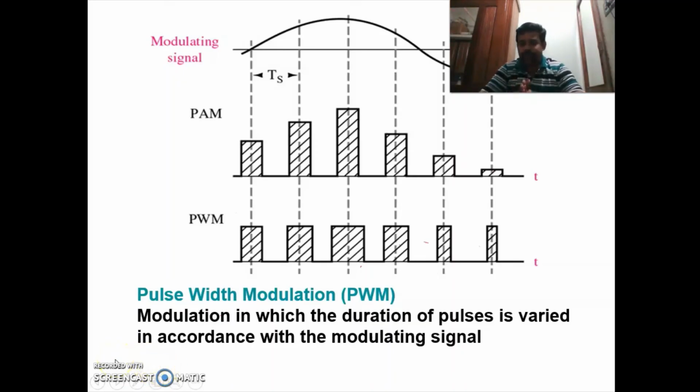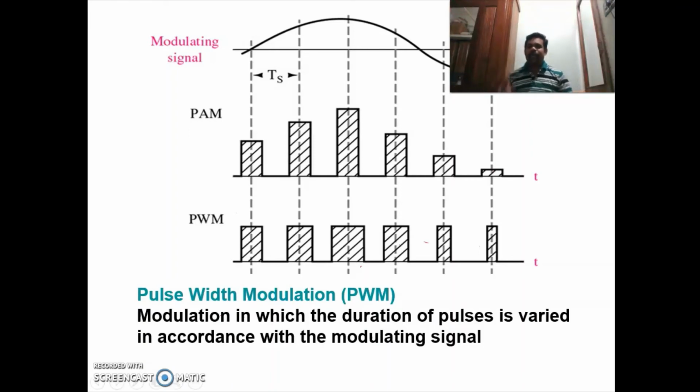So we have studied the basics of modulation, types of modulation, then pulse modulation, analog pulse modulation, then digital pulse modulation. In analog pulse modulation, you have studied three types, that is pulse amplitude modulation, pulse width modulation, and pulse position modulation. In digital modulation, you have studied pulse coded modulation and delta modulation.